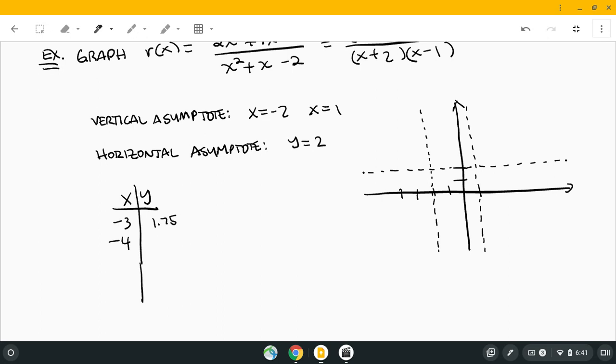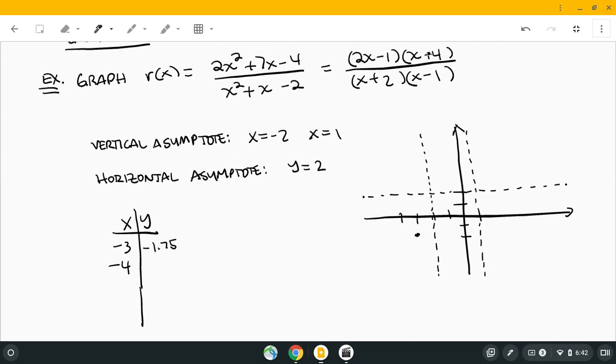Okay. All right, so -3, we hit negative 1.75. Okay, so I would go ahead and plot that over here, 1, 2, 3, and I would get negative 1.75. So almost -2. Okay, and then -4, when you plug that in, you can actually see it here. -4, we get 0. Okay, so -4, 1, 2, 3, 4, we get 0.